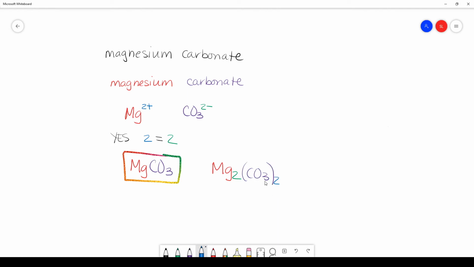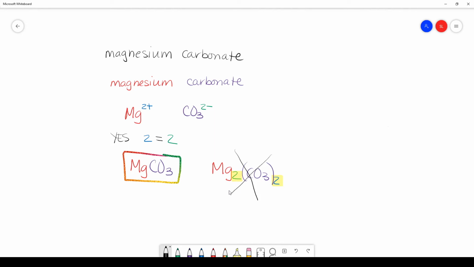Now this is an incorrect chemical formula. It is not the correct way to write this chemical formula, and that is because when you look at the subscripts, and I'm talking about the multiplicative subscripts, in other words, not the 3 in the carbonate, I'm talking about the subscripts that are used to indicate you have more than one of the ion, so the 2 and the 2.